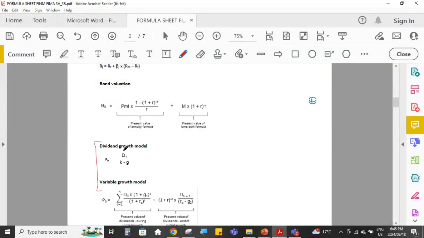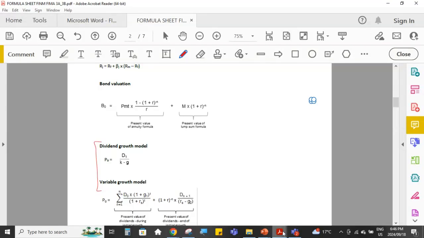D stands for dividend, and the 1 means the next dividend. In other words, the next time we pay a dividend, what will that dividend value be? Divided by K, and K is the required rate of return of the investor, minus G, and G is the growth percentage of the dividends in this asset that we are considering. Okay.